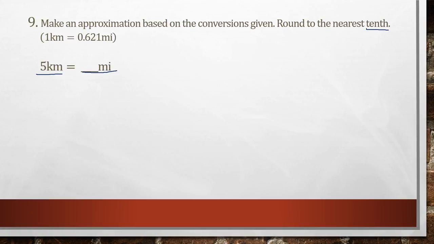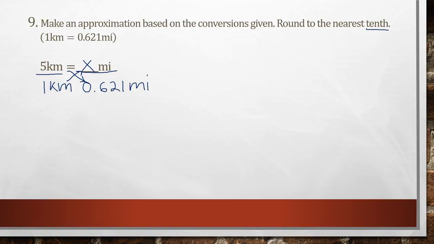We are looking for this number, so we're calling it x. We are given 5 kilometers, so I put it on this side with the kilometers. And we are given that 1 kilometer is 0.621 miles, so I am going to write that on the side representing the miles. Now I can use cross multiplication to solve for my unknown variable.